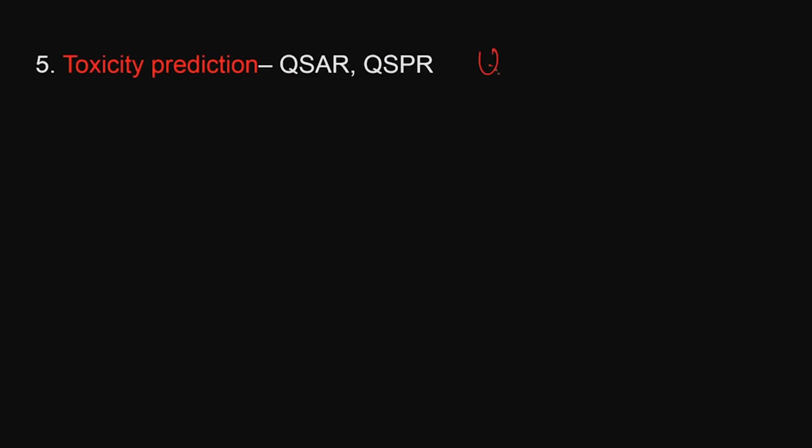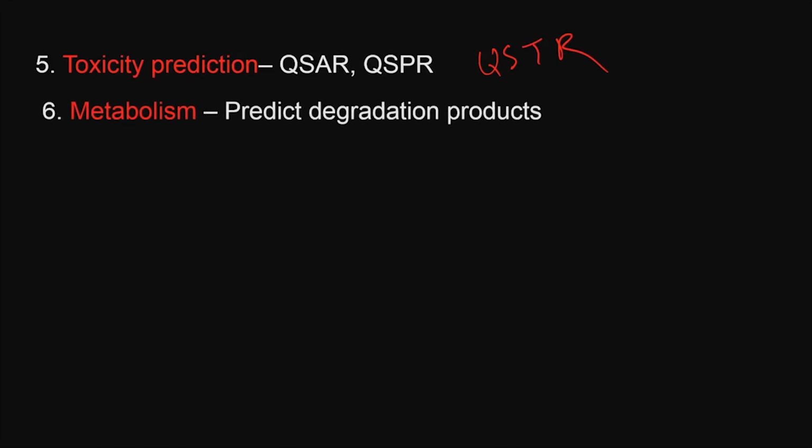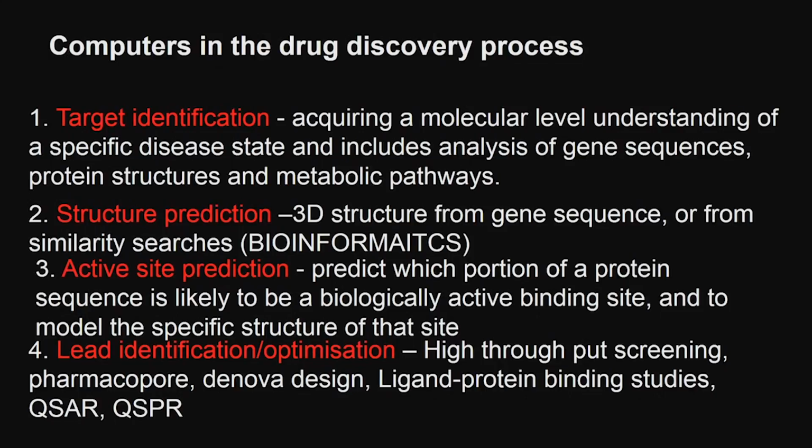Then toxicity prediction, there are softwares now which can predict toxicity based on QSPR. They also have something called QSTR, quantitative structure toxicity relation. And then metabolism, can I predict the degradation of the drug into various products? All these are possible using computational tools.